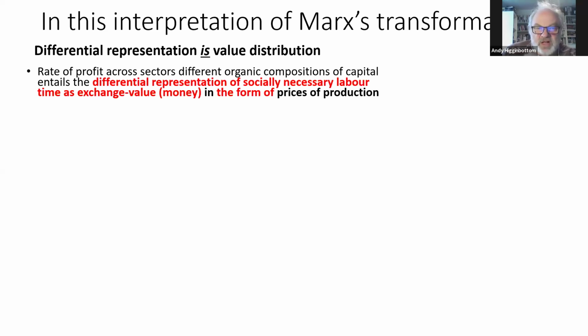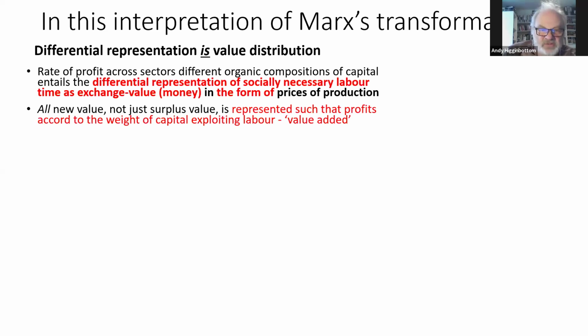In the higher organic composition sectors, labor time is represented by more money in the form of price of production than in the low organic composition of capital sectors. So there's not a direct proportional representation of labor time. It varies according to the weight of capital that's exploiting the labor.